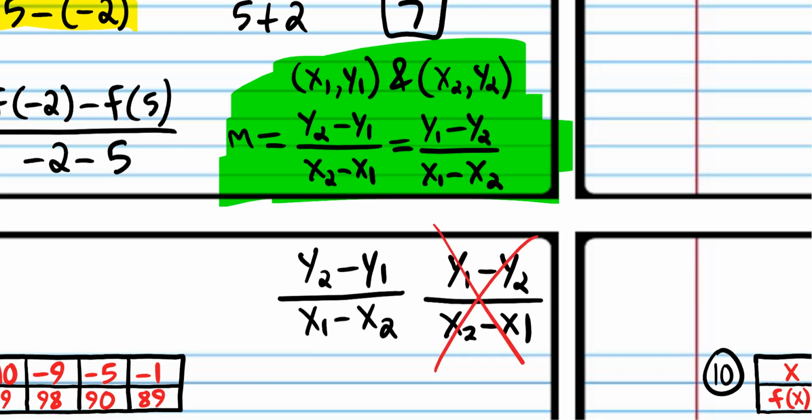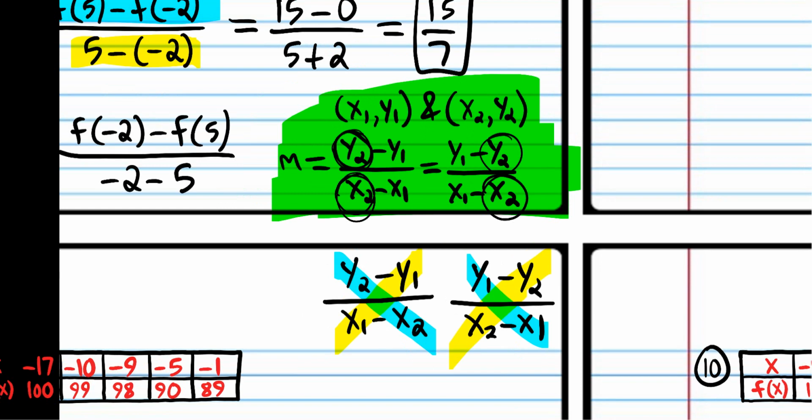That will not give you the right slope. So in other words, you have to subtract in a consistent order. If you subtract the first y value from the second y value, then you have to subtract the first x value from the second x value. If you subtract the second y value from the first y value, you have to subtract the second x value from the first x value.